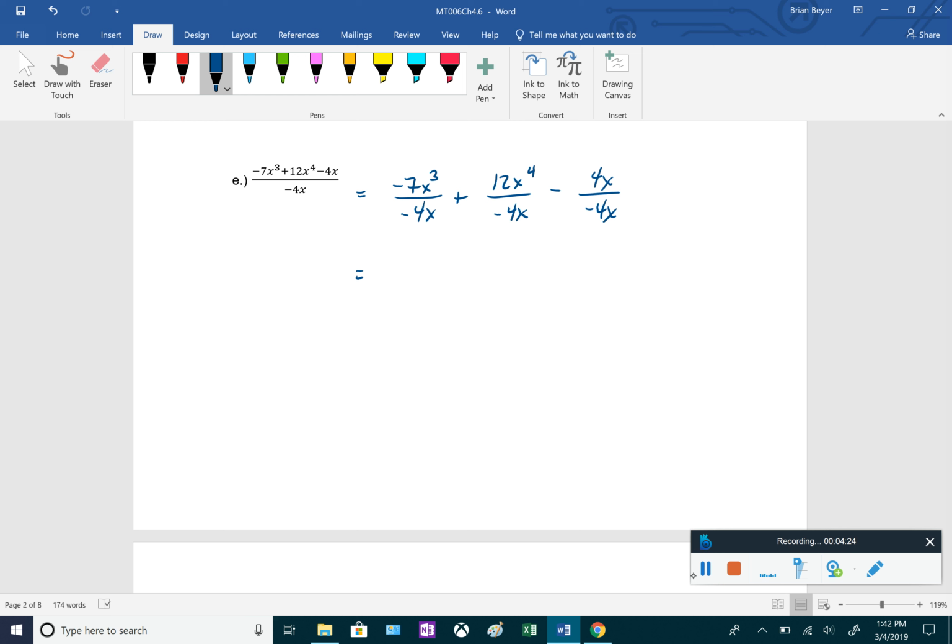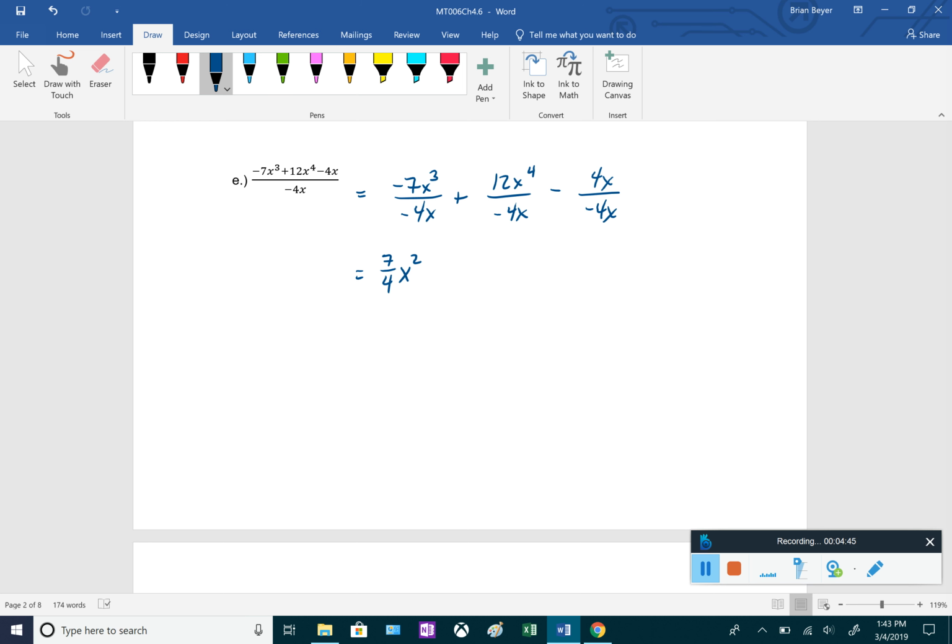And then we have x cubed over x, which leaves us with x squared. So 7x squared over 4. I'm going to write this as 7/4 x squared. Okay, so 7/4 times x squared.